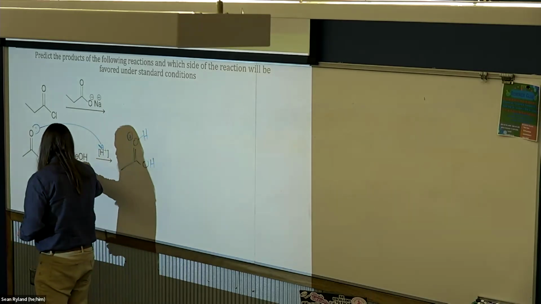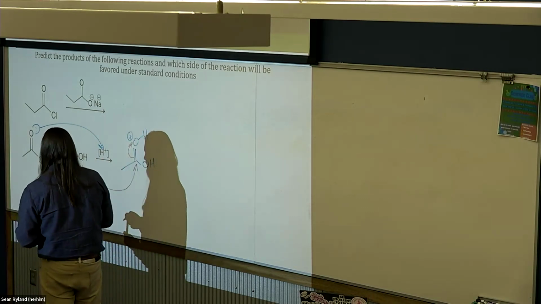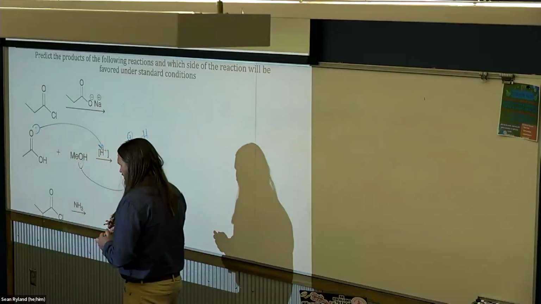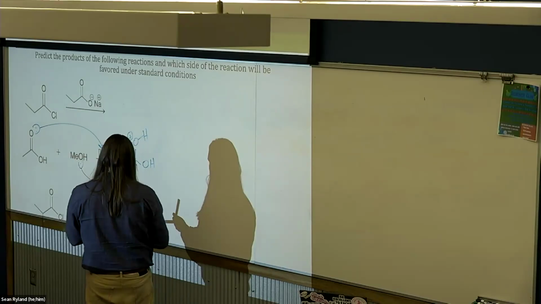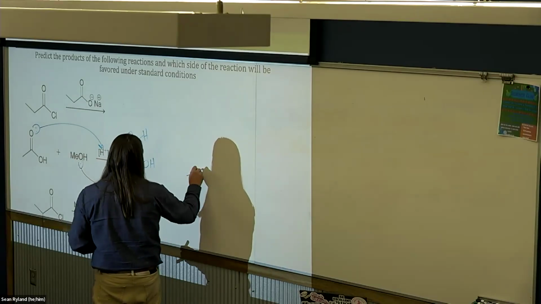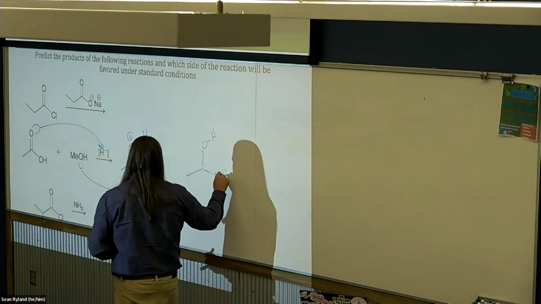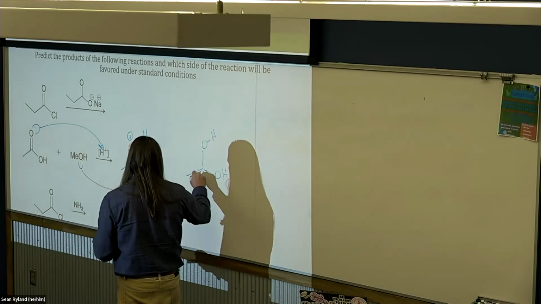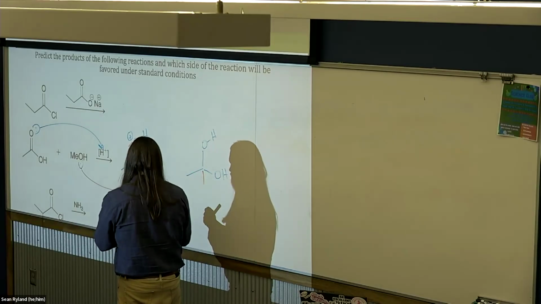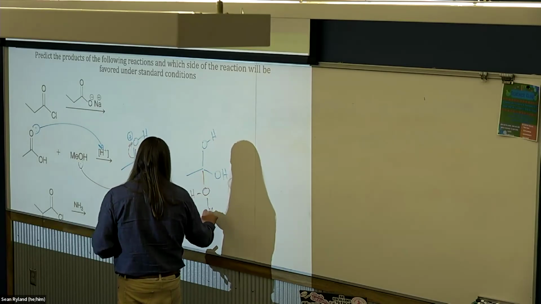Now we can have a methanol come in and attack and kick the pi bond up. How do you know that's not the metal?